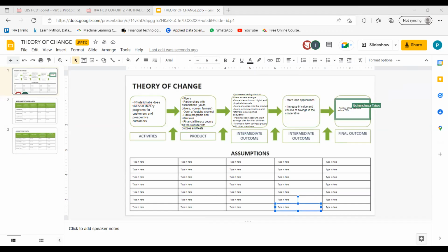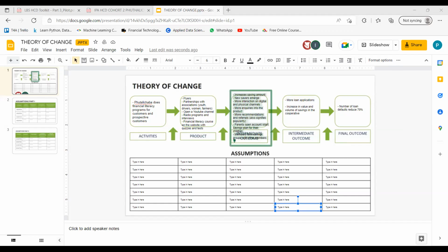The products we decided to use to achieve this objective were radio programs or radio interviews, financial literacy courses on our website with quizzes and tests, or partnerships with associations to spread this message of financial literacy.